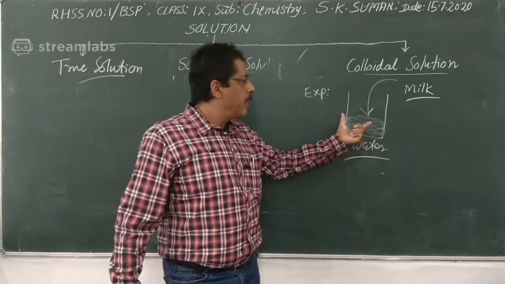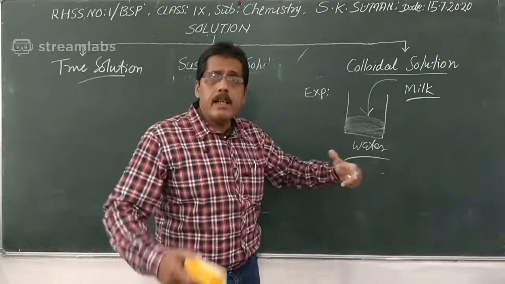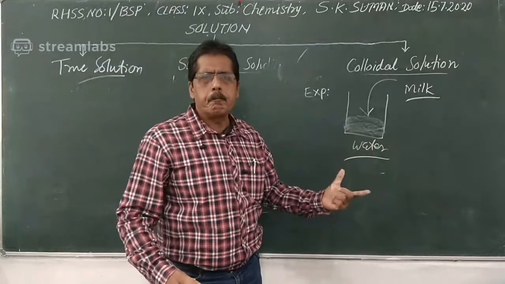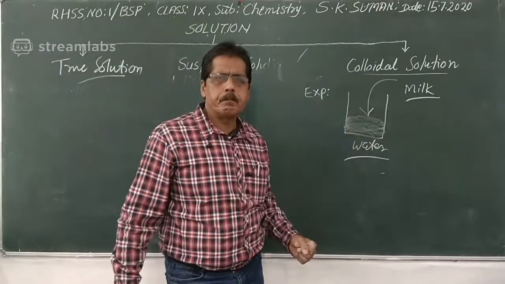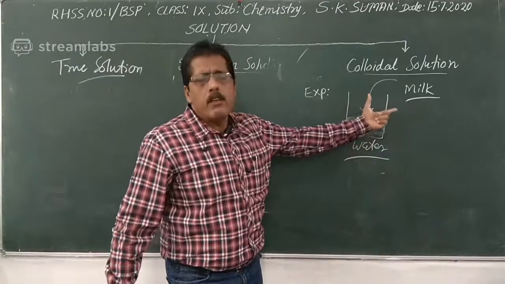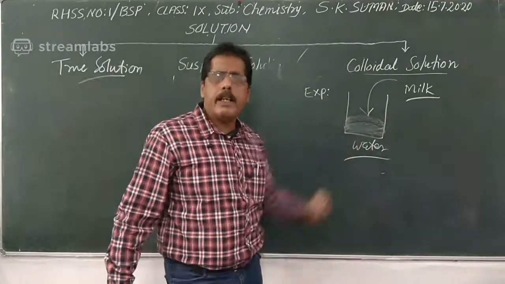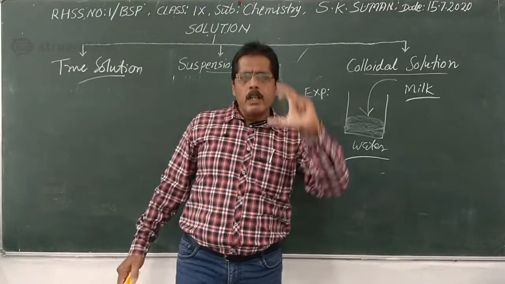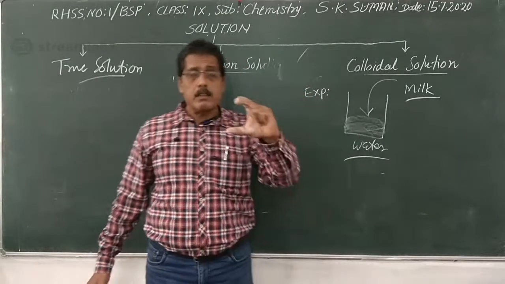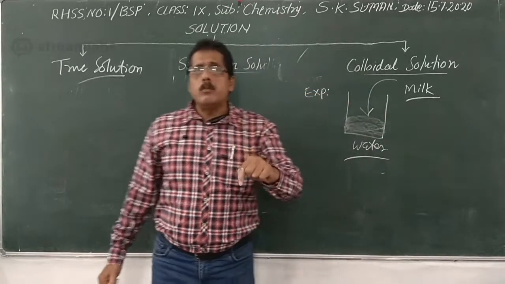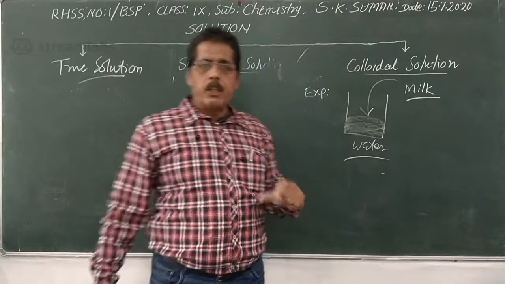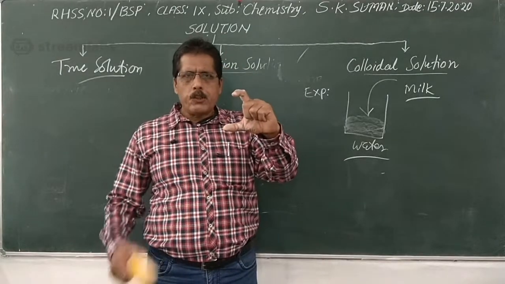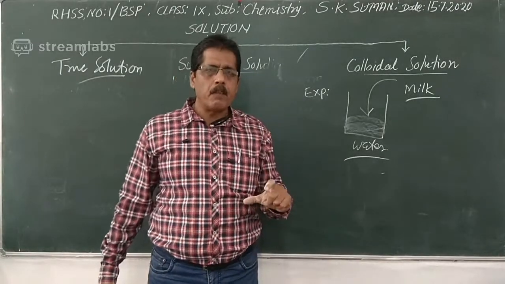You just see this experiment. You can easily perform this experiment at home. You take some water in a glass and then add some milk there. What will you find? You will find that the milk is not mixed throughout in the same manner. Rather, it remains present, but it has not been mixed properly. But the size of the particle of milk cannot be seen through the naked eye. Remember, the size of the particle of suspension solution was visible through your naked eye.